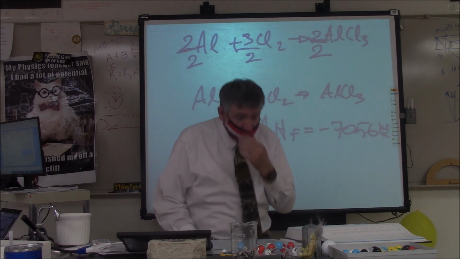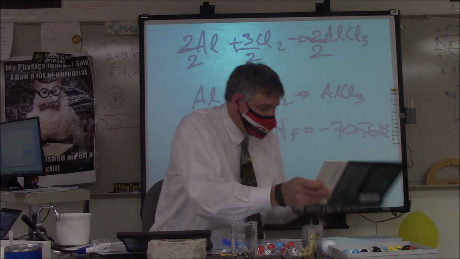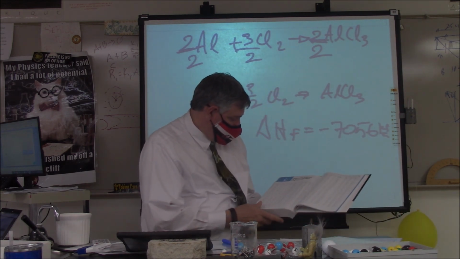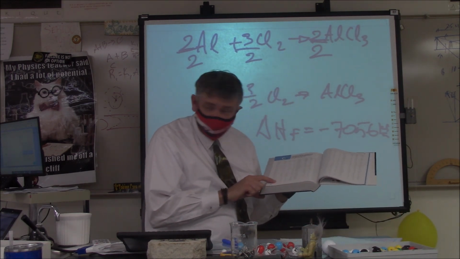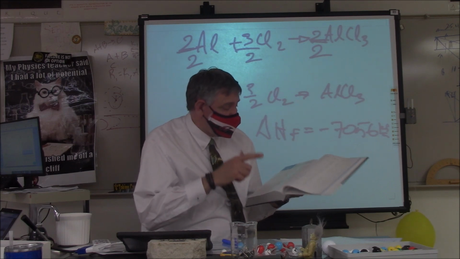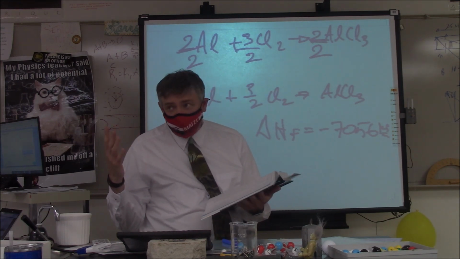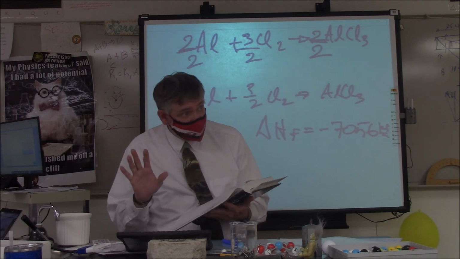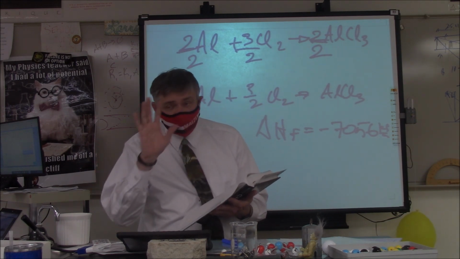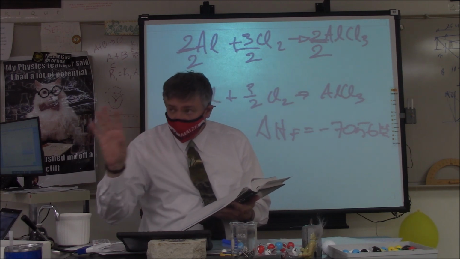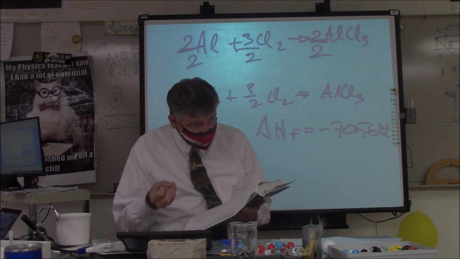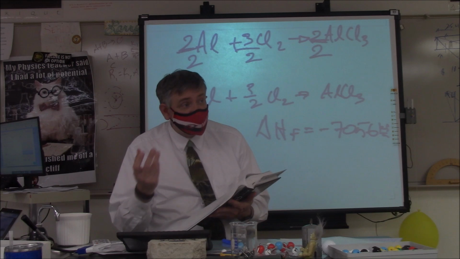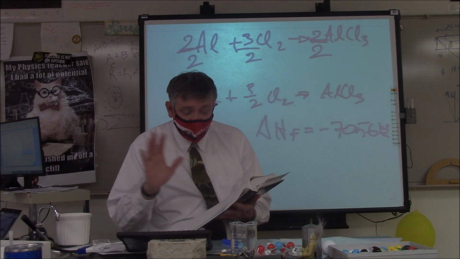So if you look at, on a general trend, okay, when you look at these delta H values, if you look down that column, you'll notice that most of them are negative values, but not all of them, okay? So what that means is that generally, when you form a compound from its elemental constituents, it's going to be an exothermic reaction, but not always.